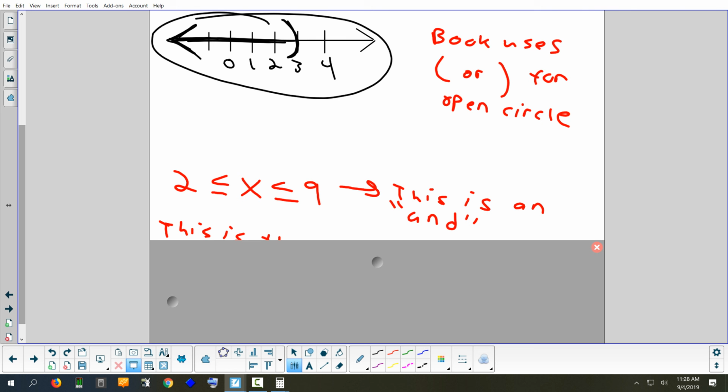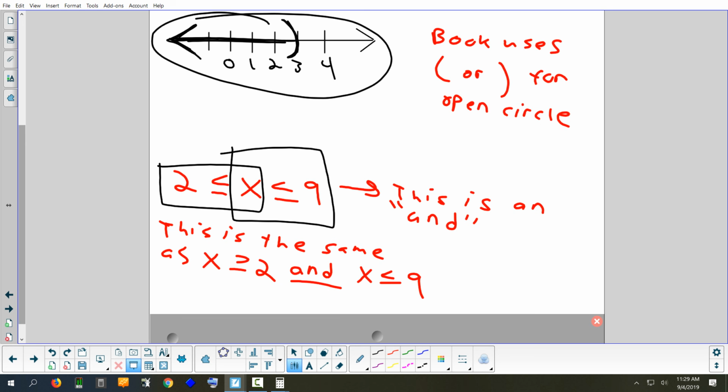And if it confuses you to think of it all together, you can think of there's one part, 2 is less than or equal to x, and there's the other part, x is less than or equal to 9. It's just like writing that. 2 is less than or equal to x, that's what I put right here, except I wrote it with the variable on the left. So x is greater than or equal to 2, and x is less than or equal to 9.